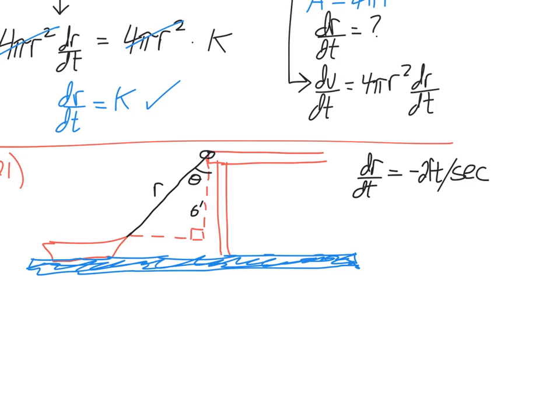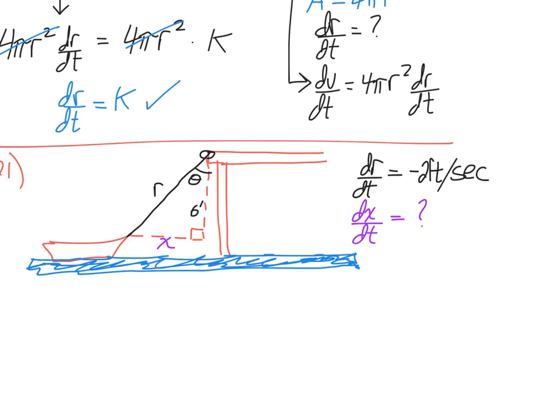All right, how fast is the boat approaching the dock? So we're going to call this side here X, so that I can write dx/dt is what we're looking for.